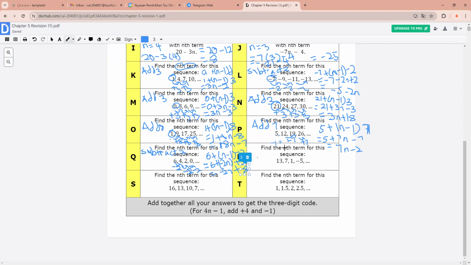Next question. Find the nth term for the sequence. So again, we start by finding the term-to-term rule. And the term-to-term rule for this sequence is minus 6 or subtract 6.